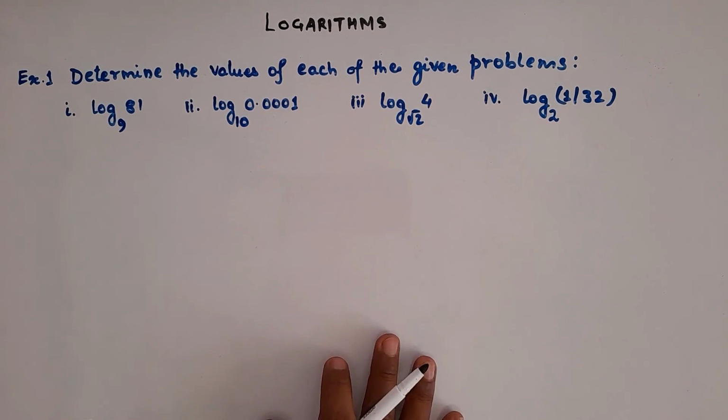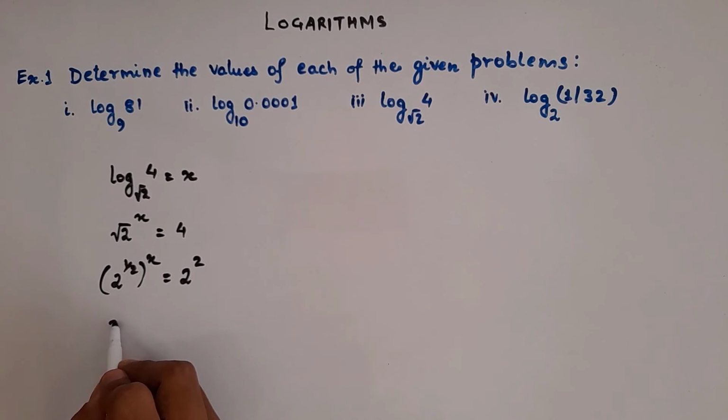So we have the third problem. We have logarithm of 4 to the base of square root of 2. Let's assume that this value is equal to x. Now we're going to apply the definition. So we have square root of 2 raised to the power of x is equal to 4. Square root of 2 can be written in the exponent form as 2 raised to the power of half, whole raised to the power of x, and 4 can be written as 2 squared.